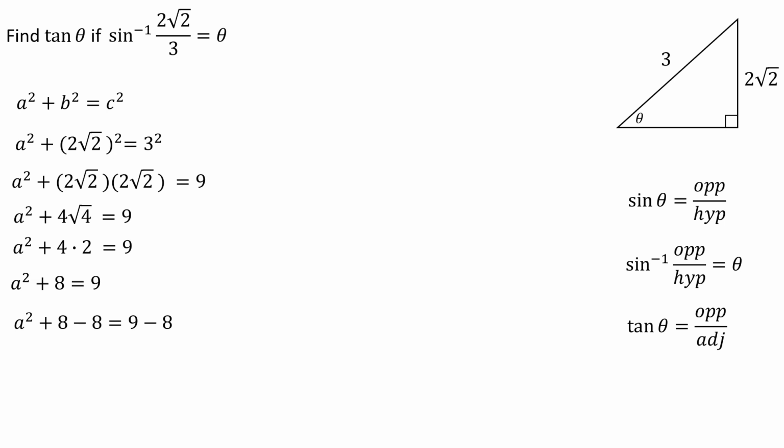Subtract 8 from each side. Again, I'll do it horizontally for a change of pace. And of course, the square root of 1 is just going to be 1. There's my adjacent side. So tangent is opposite over adjacent. Oh, that simplifies nicely. That's just going to be 2 root 2. Whew.